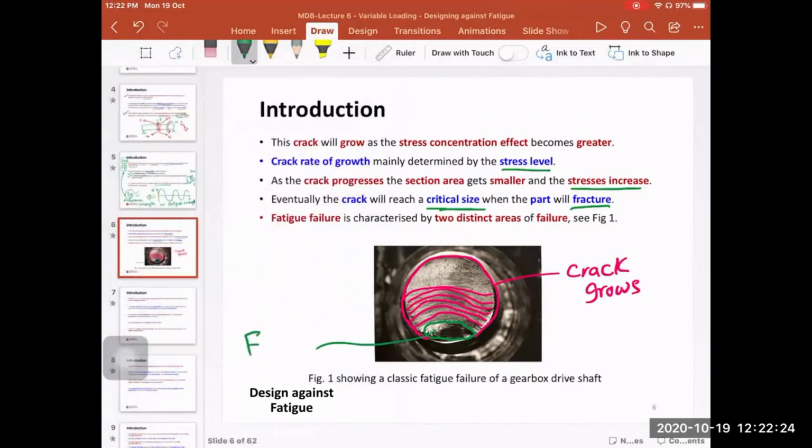So this is the fracture. So when you just explore the fractured surface of any fatigue fractures, you'll see these two kind of distinct areas.